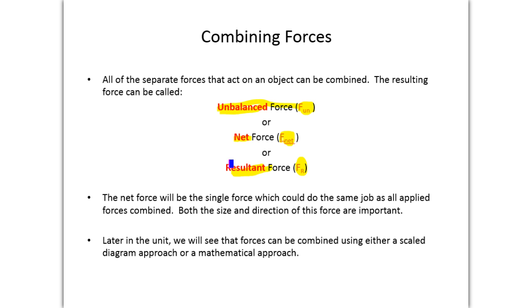Force unbalanced making it move, or resultant force. So if you see one of these three, they're asking you to do the same thing. The net force will be a single force which could do the job of all other forces combined. Both size and direction of this force are important. So it's a vector. You've got to have size and direction. And later in the unit we'll see the forces can be combined using a scale diagram approach or a mathematical approach.